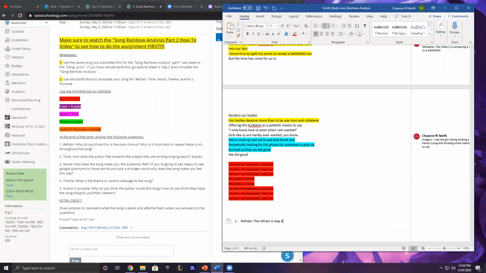The refrain is very different from the rest of the song, period, and then I put the rest of the song is about girls who struggle to love themselves and their bodies, but this is more positive, right?